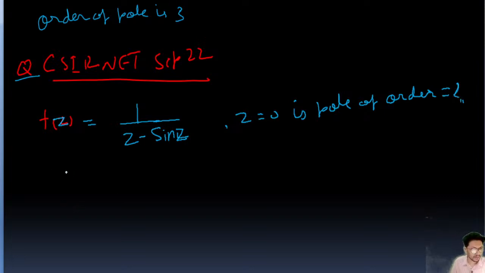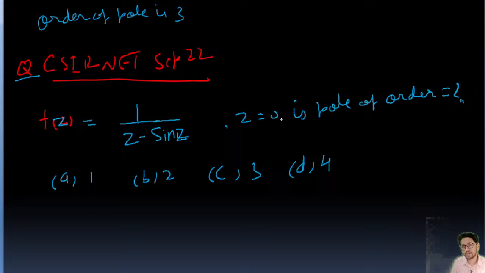Options are given: option A is 1, option B is 2, option C is 3, and option D is 4. So z equal to 0 is a pole, and we need to find the order of the pole.